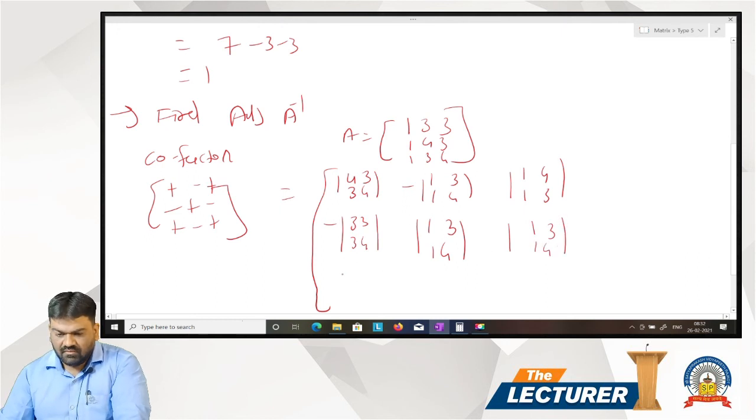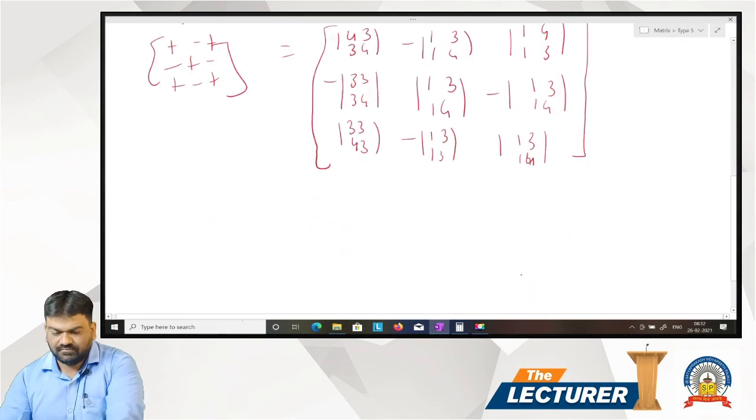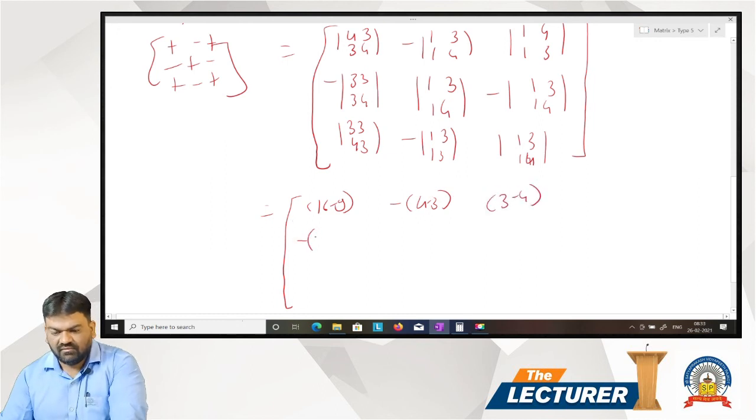Cofactor of 1, minus cofactor of 3, and so on for each element. This gives 16 minus 9, minus (4 minus 3), 3 minus 4, minus (12 minus 9), 4 minus 3, minus (4 minus 3), 9 minus 12, minus 3 multiplied by 3, 3 minus 3, 4 minus 3.